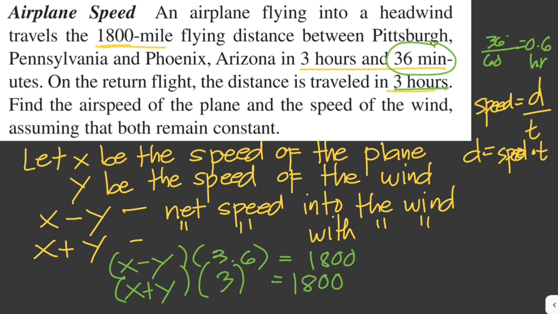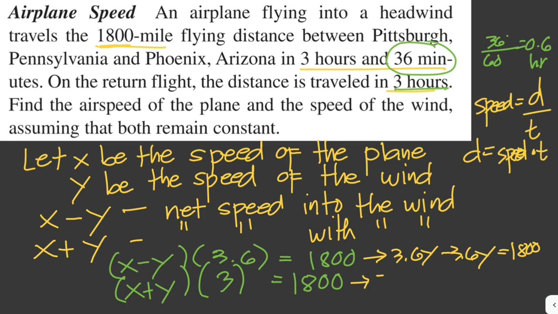And now we can do elimination for this to solve for the speed. Alright, so this is 3.6x minus 3.6y equals 1,800.